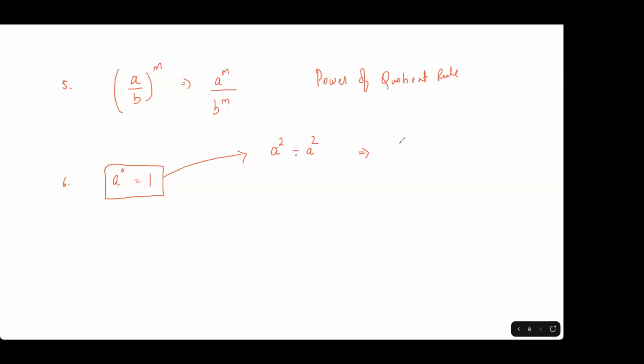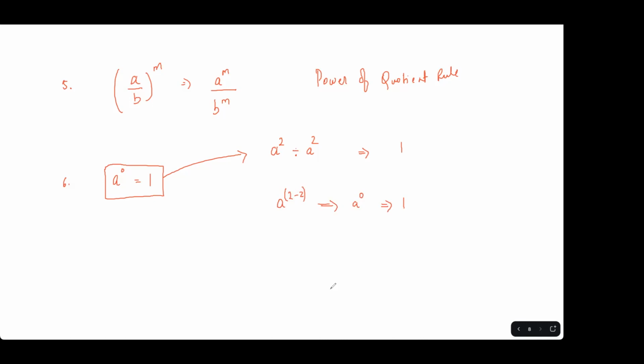The answer is 1. Now, if we use the division rule or the quotient rule, when the bases are same, we can subtract the powers. So a raised to 2 minus 2 is equal to a raised to 0, which is equal to 1. Understood?